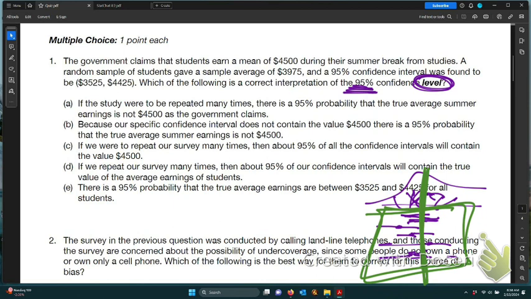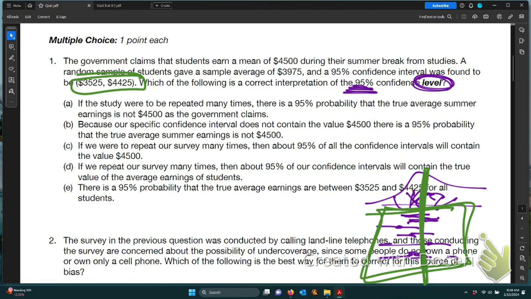Not really, other than maybe I'm just trying to prove them wrong. But my interval, I hope, has captured the true value. So now I can say I am 95% confident because when I simulate making this interval over and over again, 95% of my intervals capture the true value. Okay, cool.